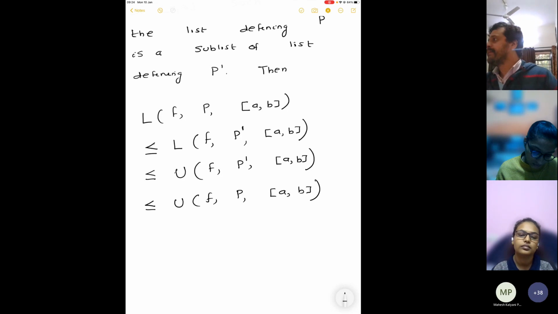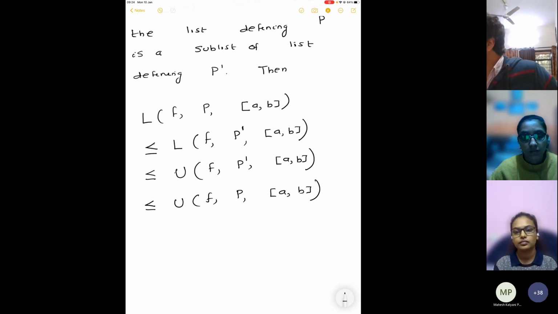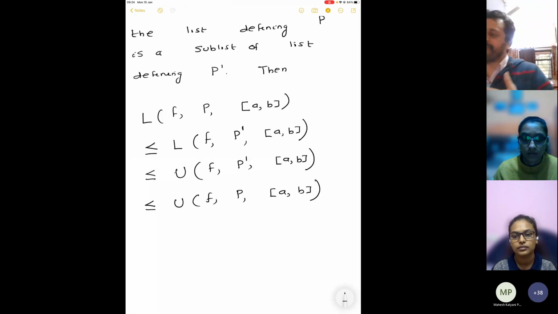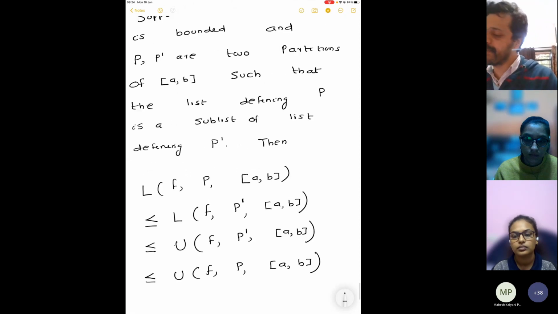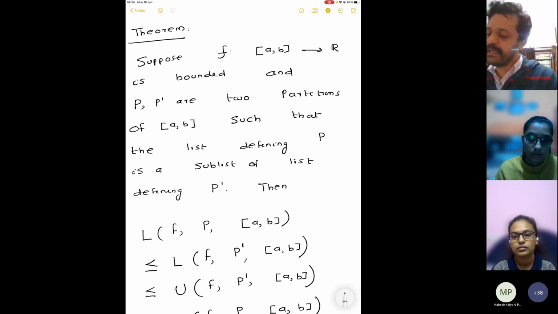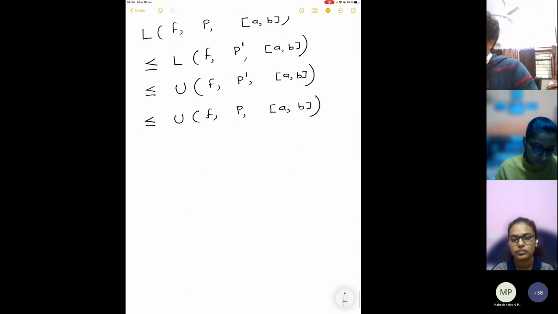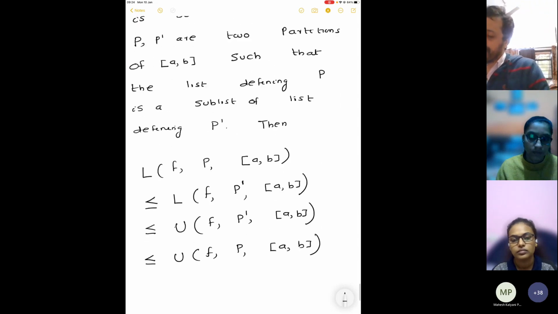Put in loose language, lower Riemann sum increases and upper Riemann sum decreases as the partition becomes finer. Refinement we say. A partition P dash will be called a refinement of P if P dash includes all points in P, possibly something more. Okay, so this theorem you can try to prove.